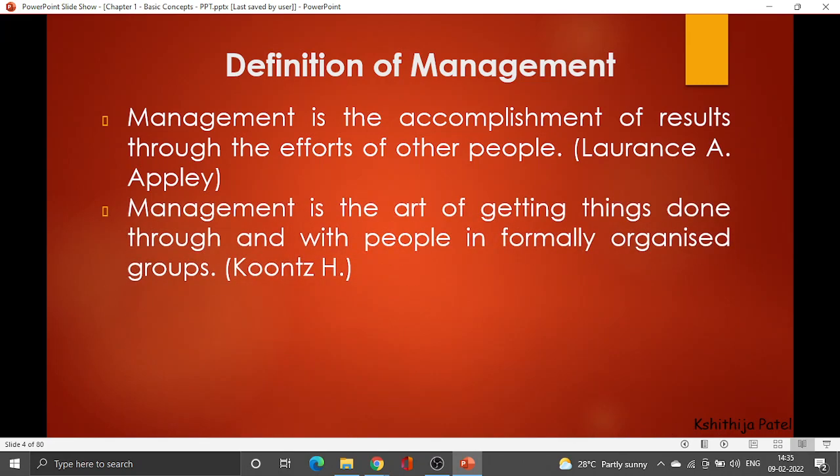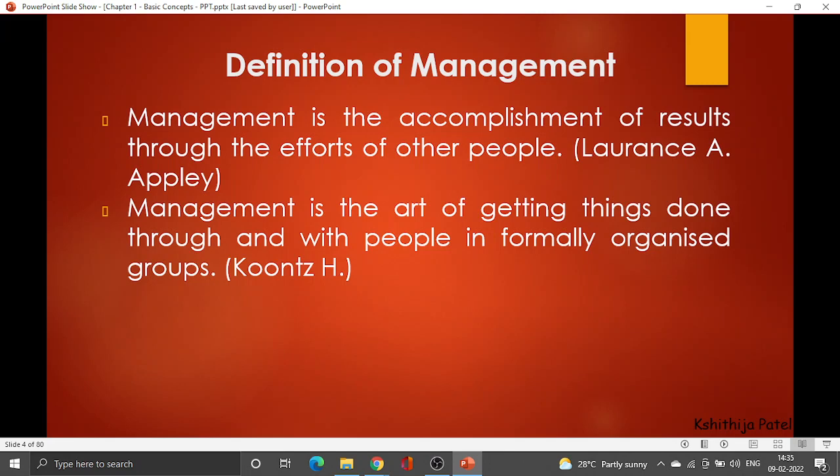Now if we take the definition of Koontz, he says that management is a kind of art. Now this art gets things done, and completing this work we have to do through people and with people. Not only that, this group of people have a relationship between them where they can be recognized as a formally organized group.